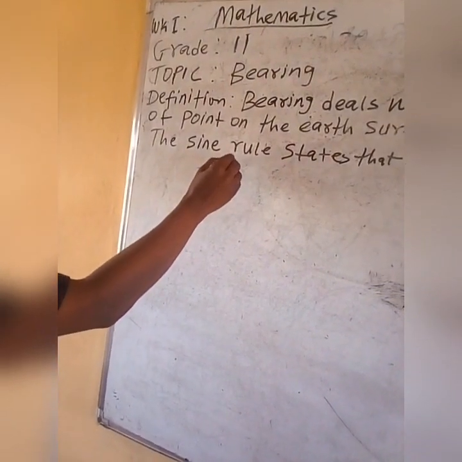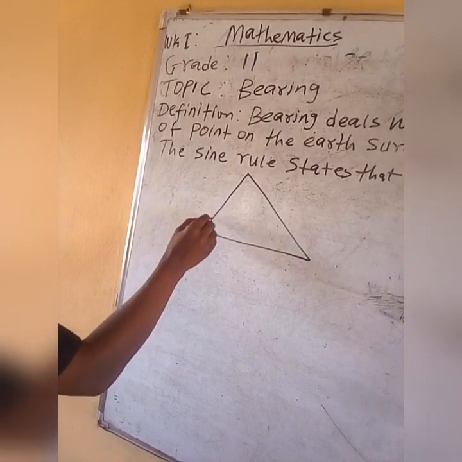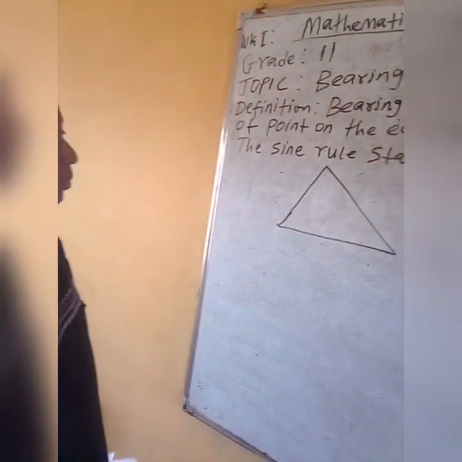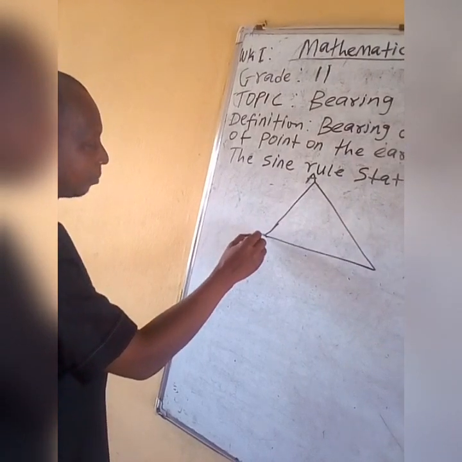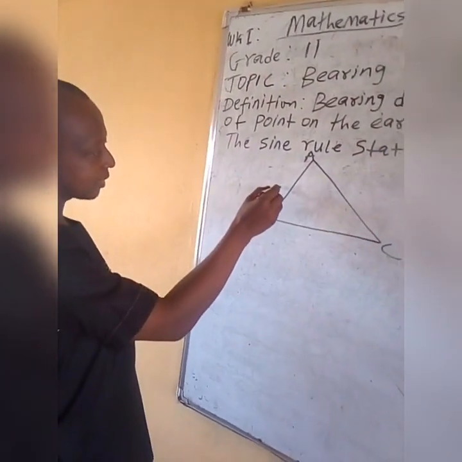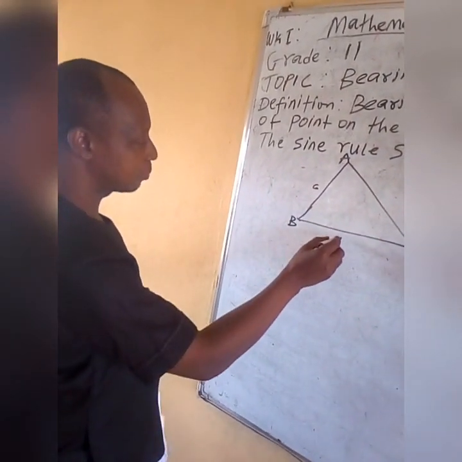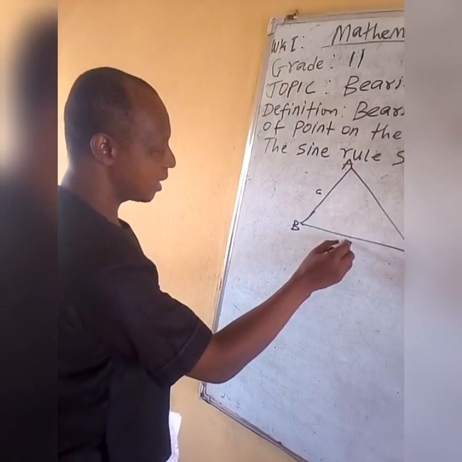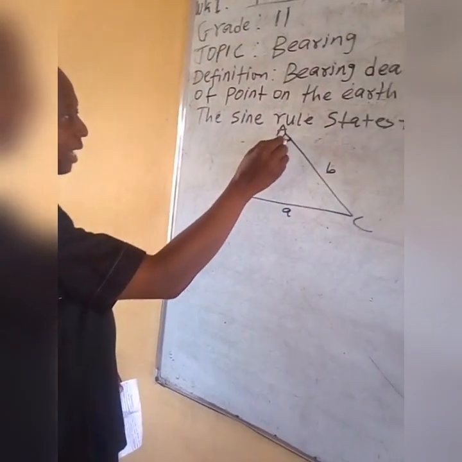This is a triangle. Let me label it A, B, C. Now these are the sides: this is small c, this one is small a, this one is small b. And these inside are the angles.